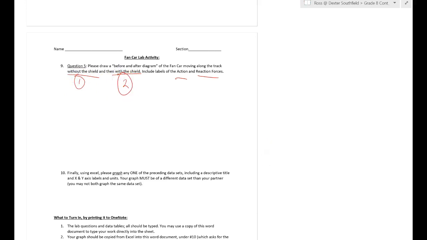Both of those drawings should have an action force and a reaction force labeled. You should also, once again, I'm calling your attention to the air molecules, right? And you should be labeling or drawing those air molecules and how those are interacting with the car, with the fan, and with the shield. The more details you have in there to actually show why this car is moving, the better.